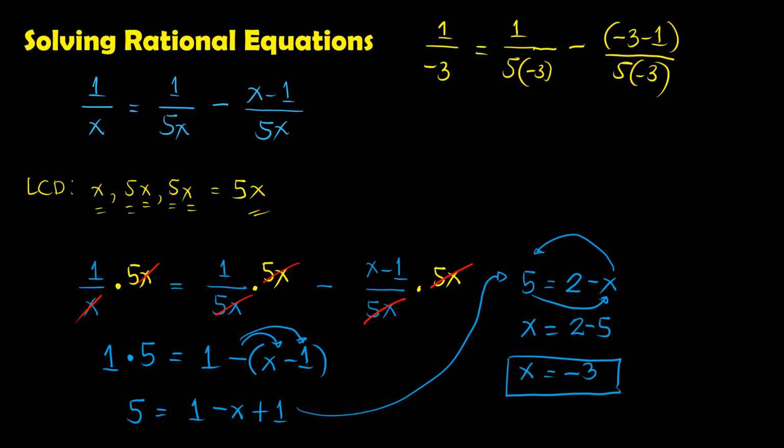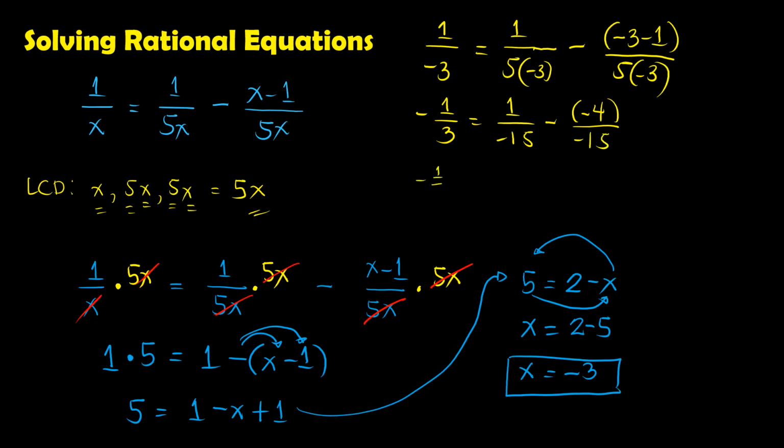So, let's solve. Iwan lang muna natin igitna na natin yung negative dun sa sign. Then, when we simplify, yung 5 times negative 3 is negative 15. And then, this one, yung negative 3 minus 1, that will become negative 4. And this is 5 times negative 3 ay negative 15.